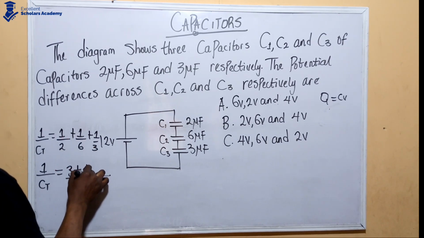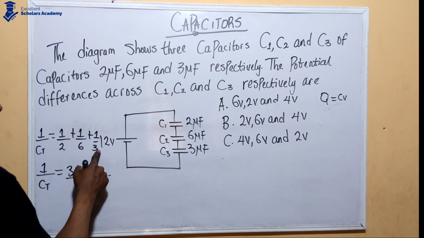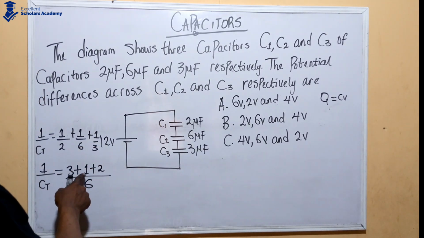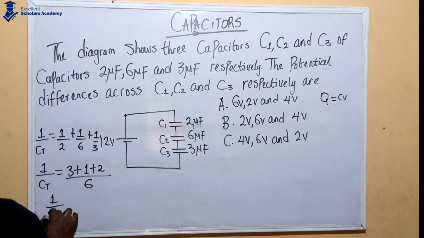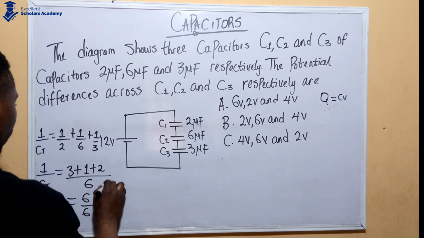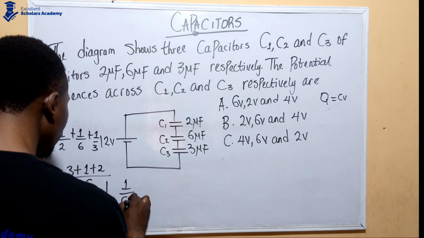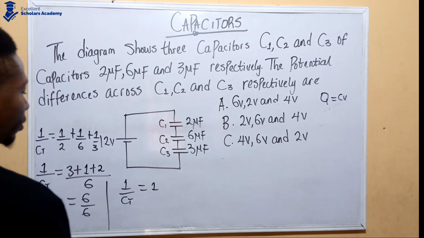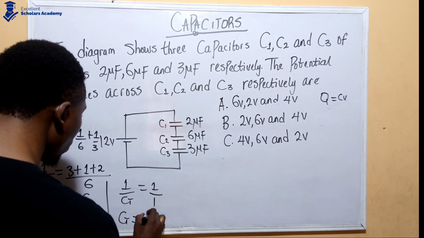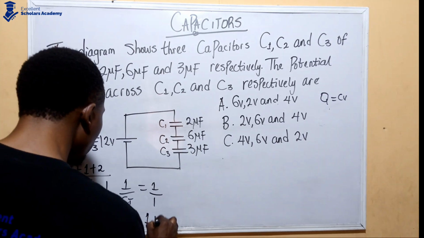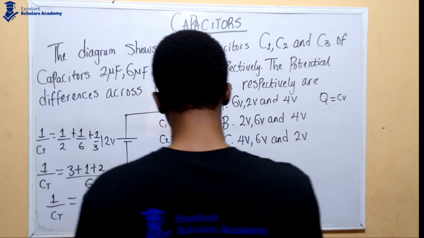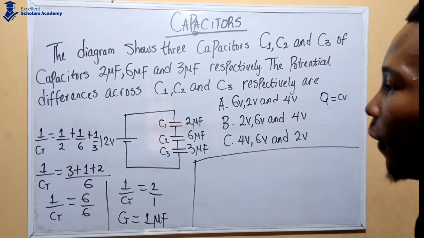Plus 6 divided by 3 gives us 2. So this is 3 plus 1 plus 2, which gives us 1 over CT is equal to 6 over 6, which is 1. If you cross multiply, you have CT is equal to 1 microfarad. So the total capacitance here is 1 microfarad.